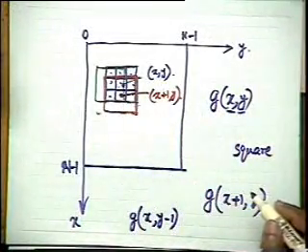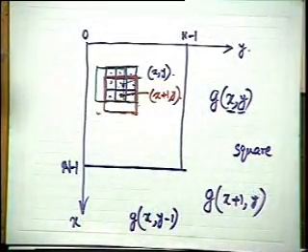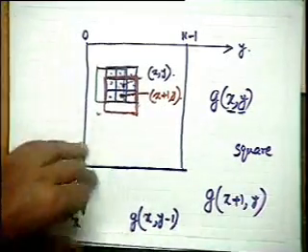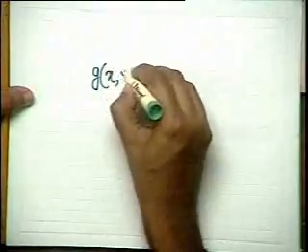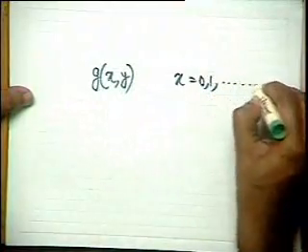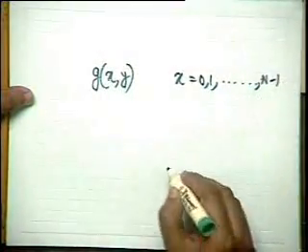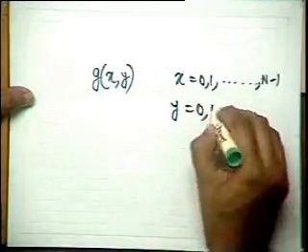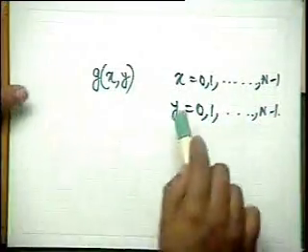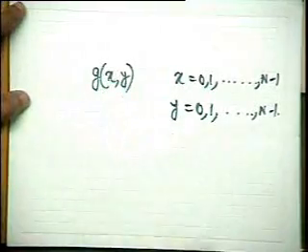Now if I am interested in computing g of (x, y) for all values of x equal to 0, 1, etc., up to capital N minus 1, and y equal to 0, 1, etc., up to capital N minus 1, for every pixel, what should I do?